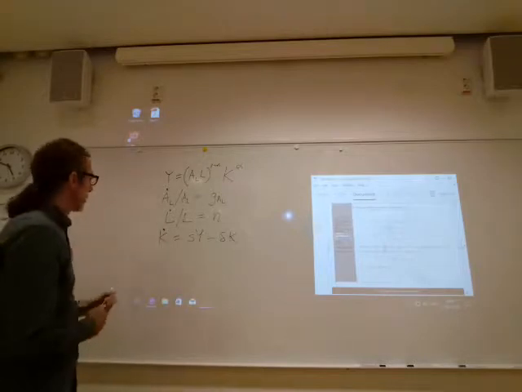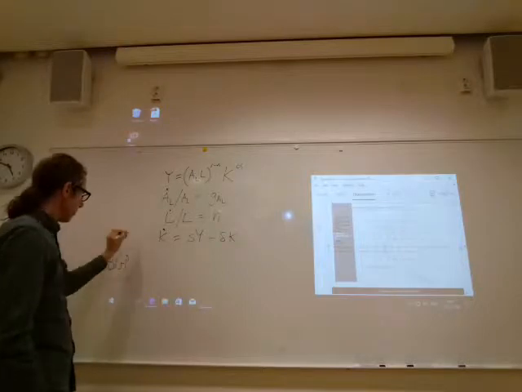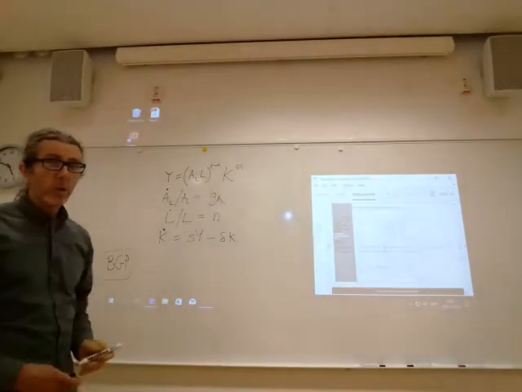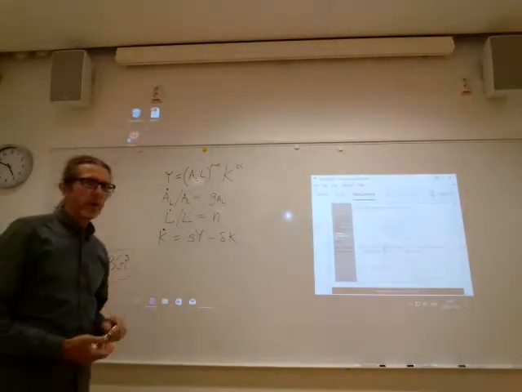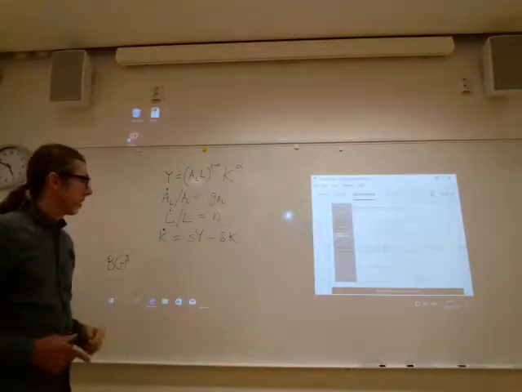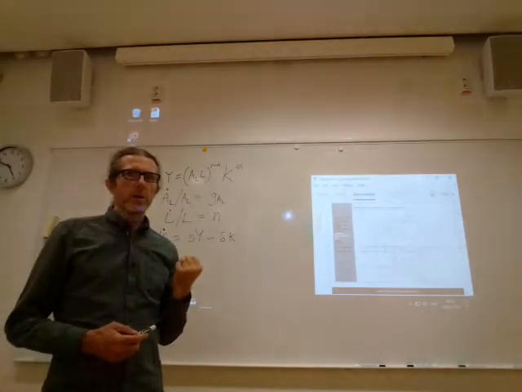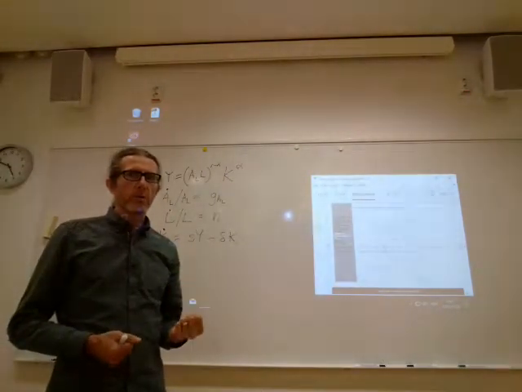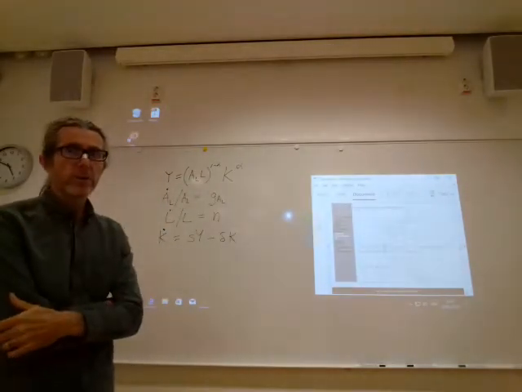So then we're interested in the BGP. So what is that? Maybe you all know this. I don't know. It's the balanced growth path. And on a balanced growth path, all the key variables grow at constant rates. Okay, this is what a balanced growth path is.